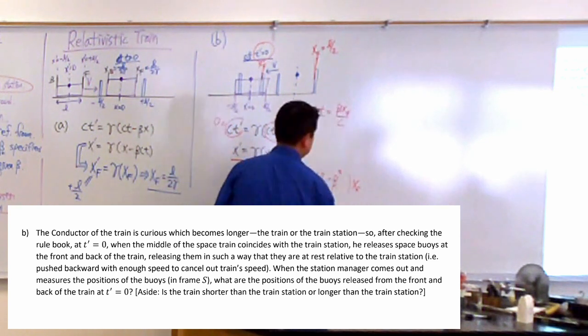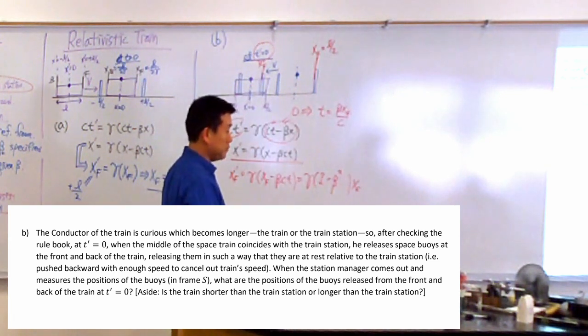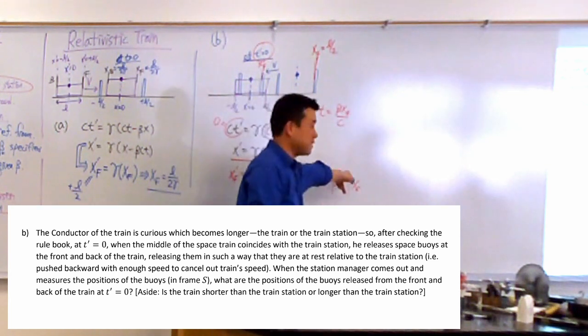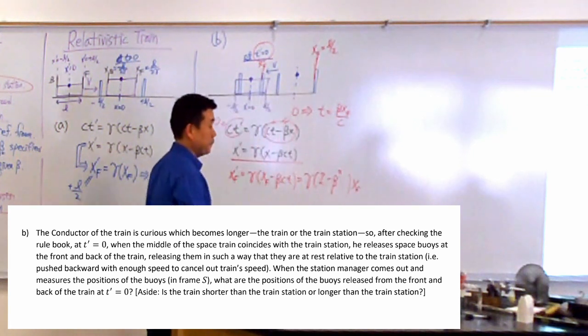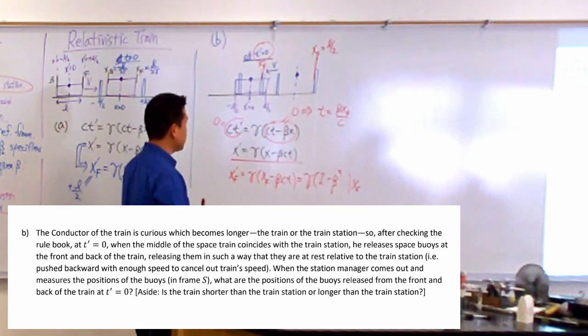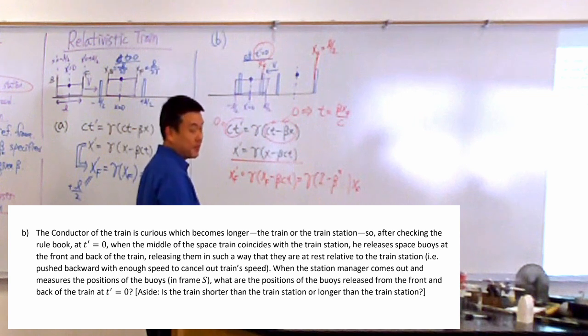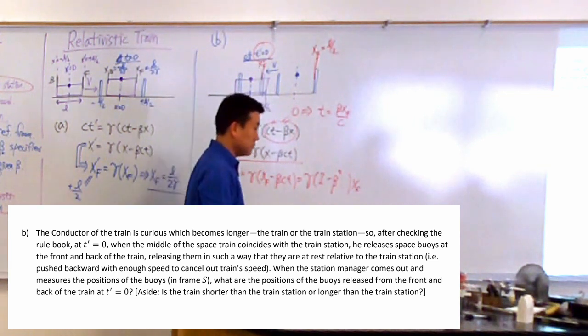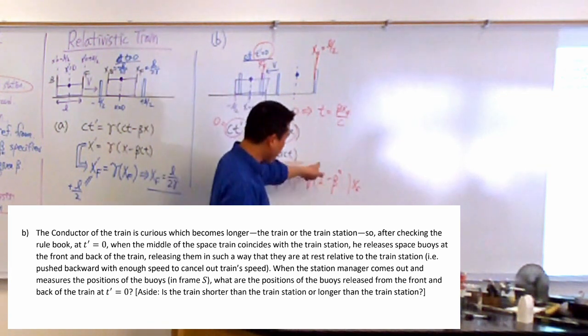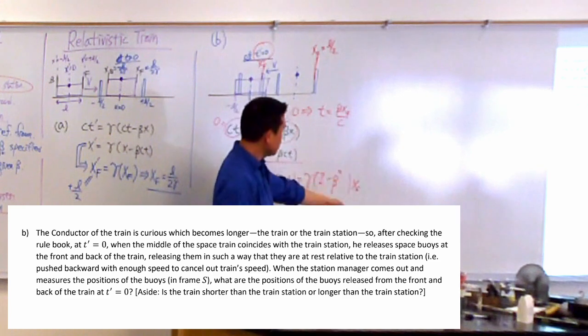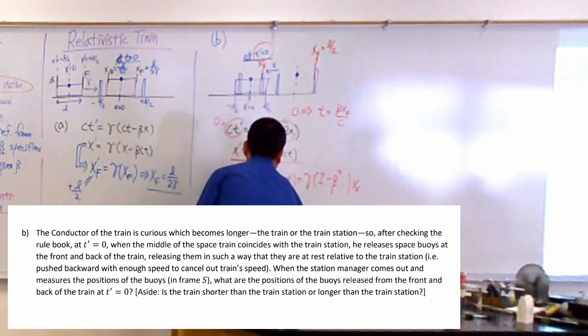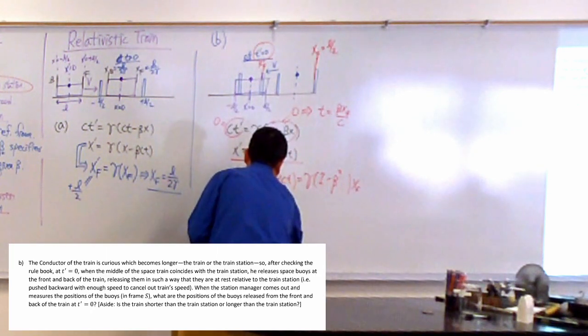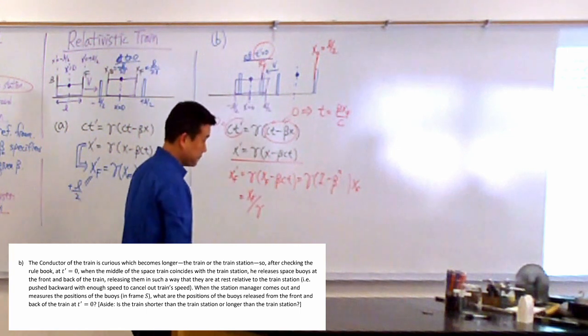Can I simplify this more? What is gamma times 1 minus beta squared? It's gamma squared times 1 minus beta squared, because gamma is 1 over the square root of 1 minus beta squared. So this is equal to xf divided by gamma.